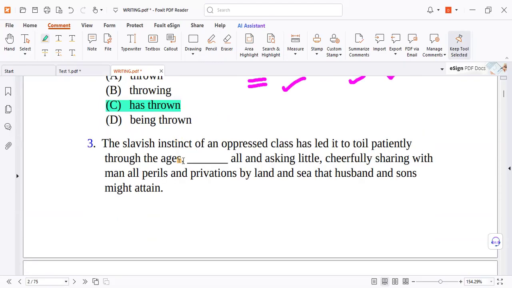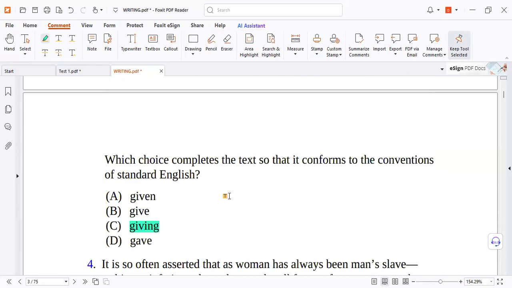Here we have two commas, so you expect a present participle phrase. Why? Because we already have the sentence with subject and verb, and with two commas, we expect a non-essential phrase. So we need a phrase. Here a verb, wrong. Here a verb, wrong.